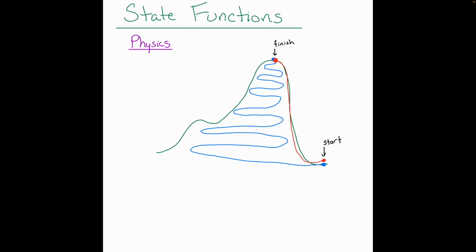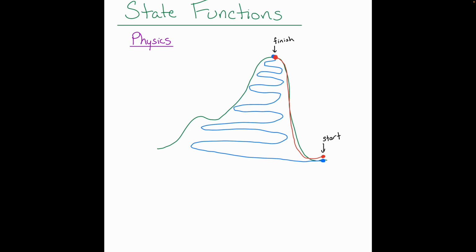So let's think about this. In terms of the distance traveled, which one of our hikers traveled the greatest distance, took the most steps to get up that mountain? The blue hiker, right? Their path is a lot longer.